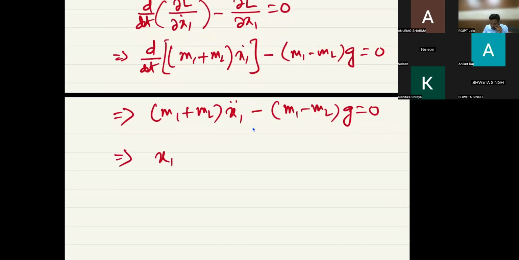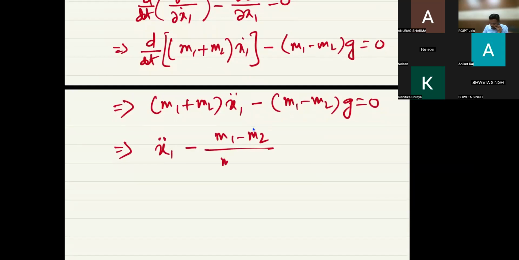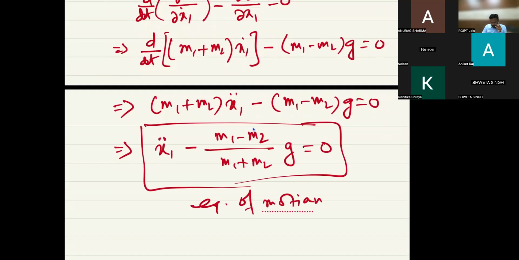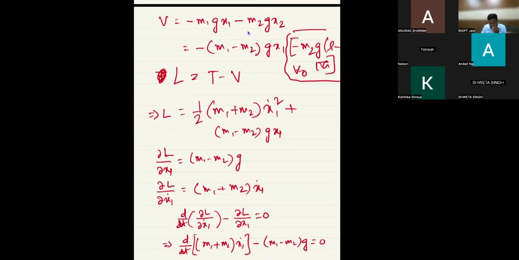So this is basically x1 double dot minus (m1 minus m2) divided by (m1 plus m2) into g equal to 0. So this is the equation of motion in this case. Okay. Is this clear? How we are deriving this one?